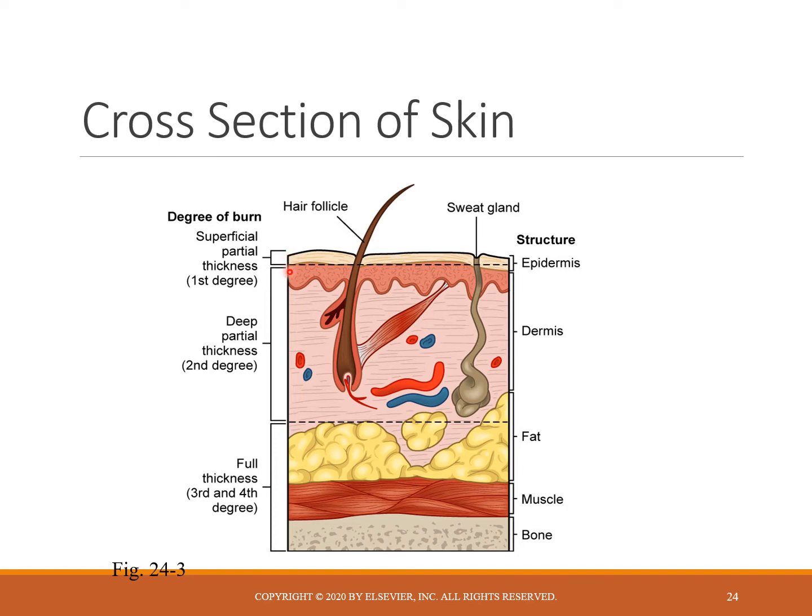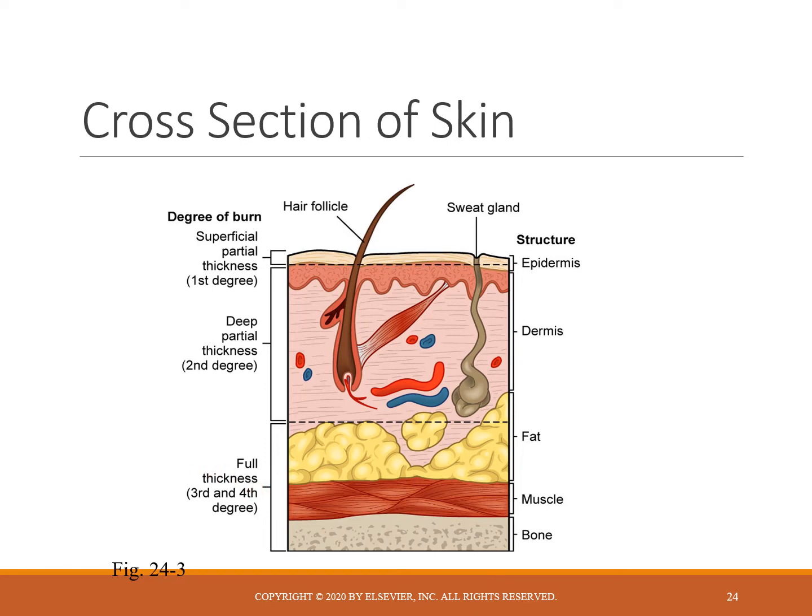Once it gets deeper, affecting the epidermis, the dermis, and also some parts of the subcutaneous fats, we can consider that deep partial thickness or second degree burn. And if it affects all the way down to the fats, the muscles, affecting the bones, that is a full thickness or third and fourth degree burn.